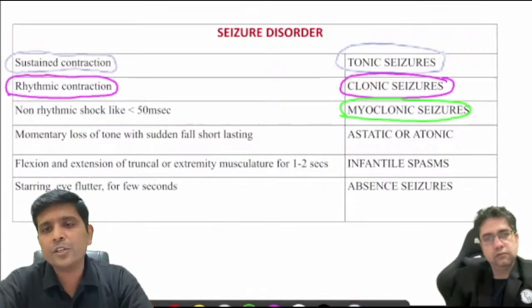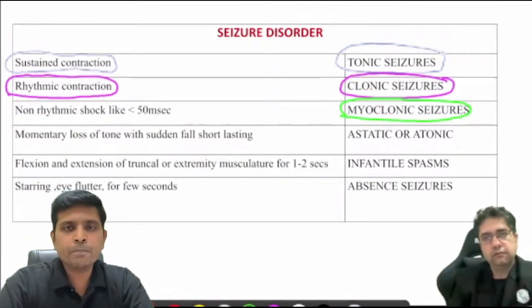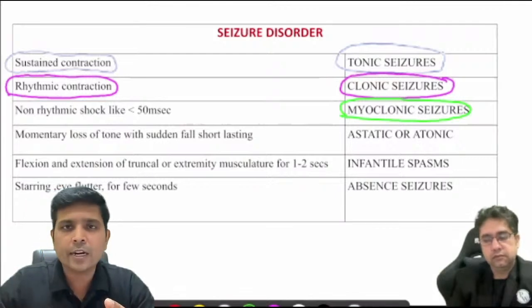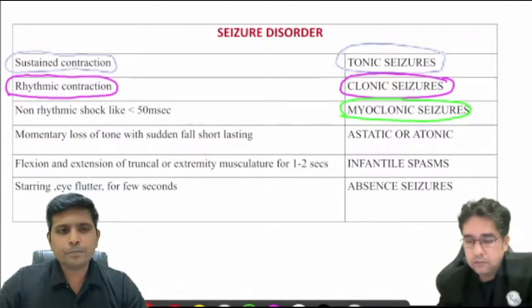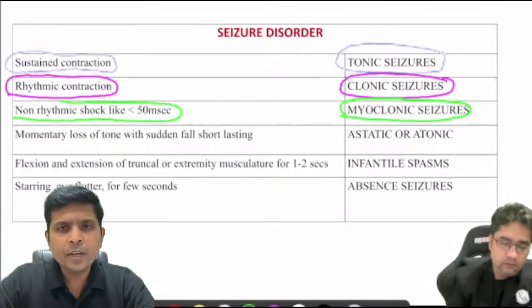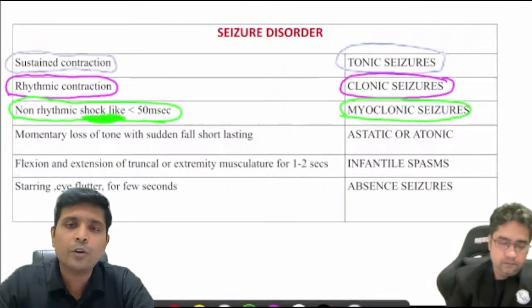Among tonic seizures and clonic seizures, what we need to worry about is myoclonic seizures. So what is myoclonic seizures? Myoclonic seizures are nothing but shock-like rhythmic contraction. This is a shock-like state which lasts for less than 50 milliseconds. This is called myoclonic seizures.